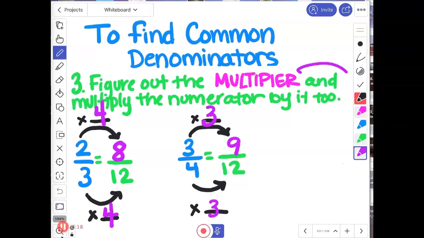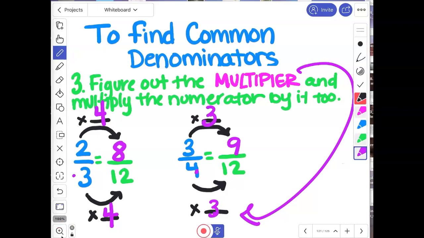The multiplier is what I multiply the denominator by to get the LCM. 4 times 3 equals 12. 3 times 4 equals 12. And I know that some of you see that this number is this multiplier and this number is this multiplier.